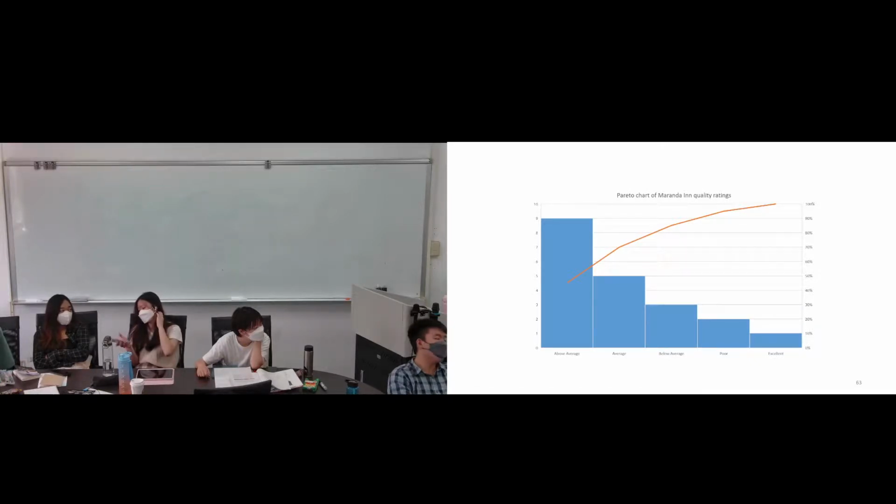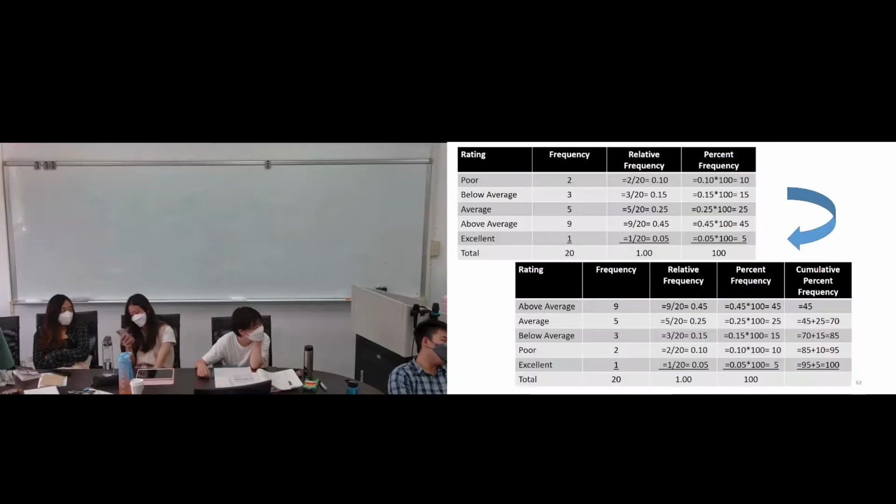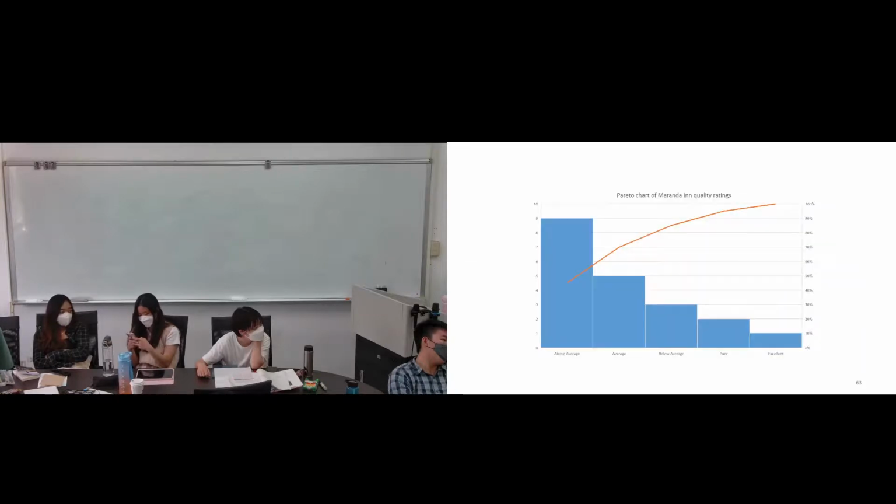Then in the average, the cumulative percent frequency is 70%. We find the 70% on the right vertical axis, and in the middle of the average we depict 70%.